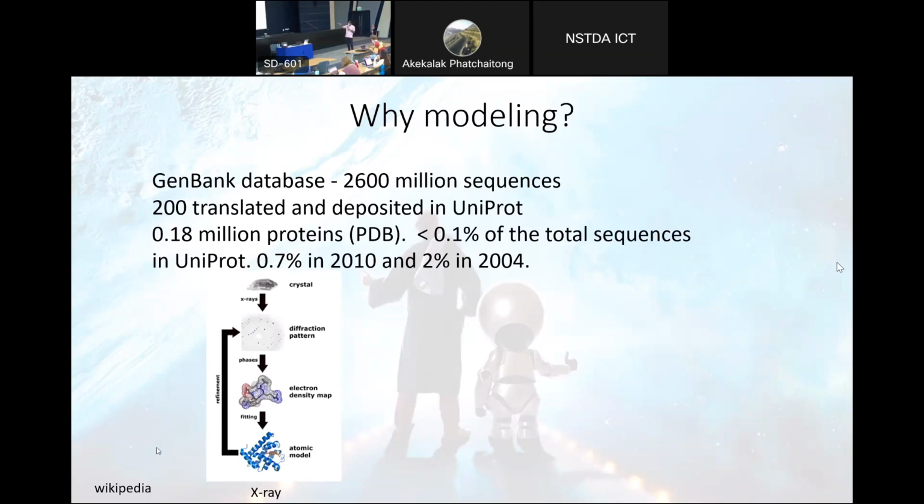The next step is, from that density, how do we fit which atom is where? You have an idea about the sequence of your protein. Initially you start doing it manually, but as the protein gets bigger, de novo fitting onto the electron density map is not always possible.